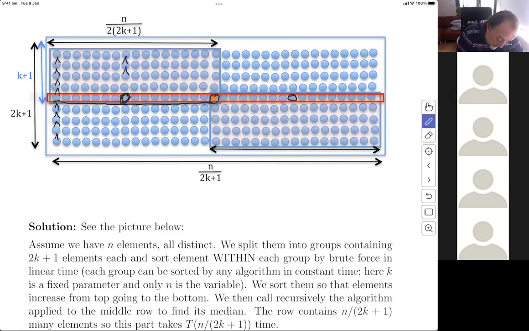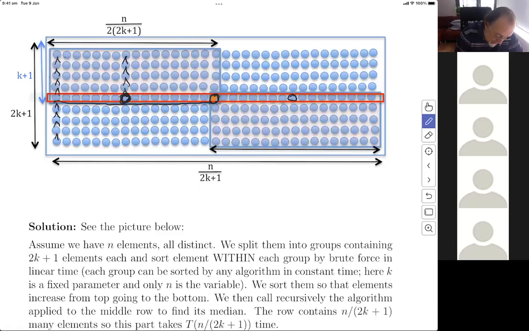Well, every element is smaller than the next element, and it is smaller than the element in the center, right? And the center element is smaller than the pivot, because we split the columns according to the size of the central element. So every element in this top box is smaller or equal than the pivot, and every element in the right bottom box is larger or equal than the pivot.